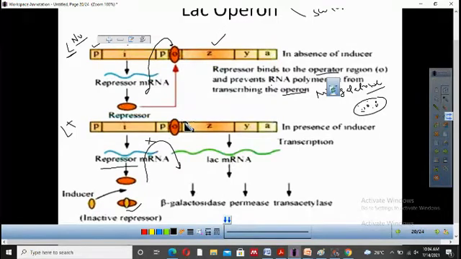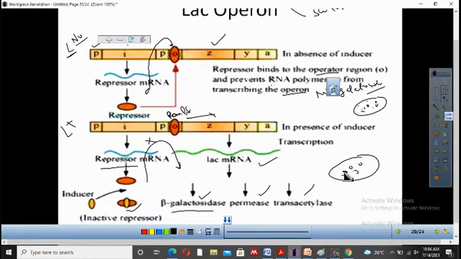So the operator is open, and the RNA polymerase can move and synthesize the lac messenger RNA, resulting in the expression of beta galactosidase, permease, and transacetylase. When this happens, the bacteria will grow.